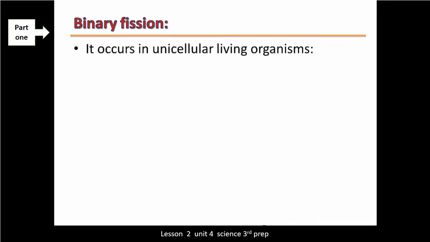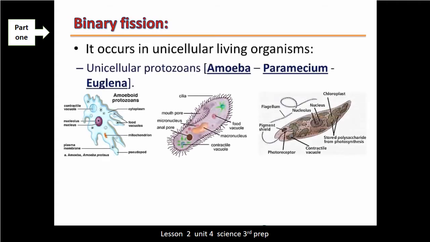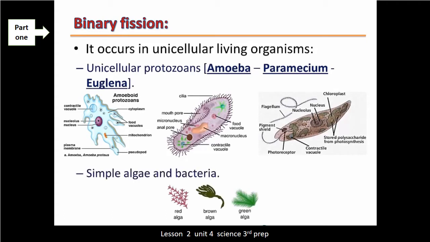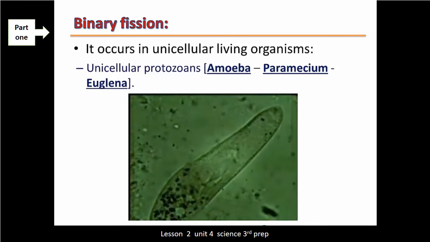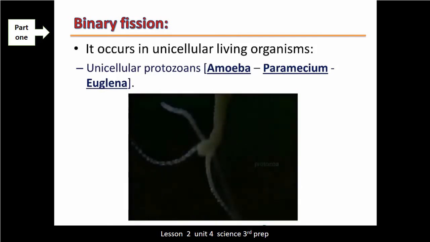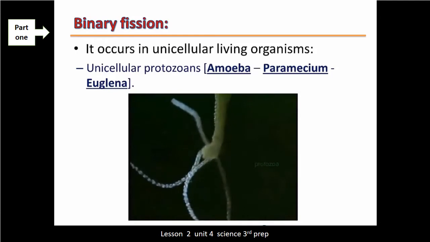It occurs in unicellular living organisms, such as unicellular protozoans, such as amoeba, paramecium, and euglena. Also, it occurs in simple algae and bacteria. As you can see, this is the video for some unicellular protozoans under microscope.